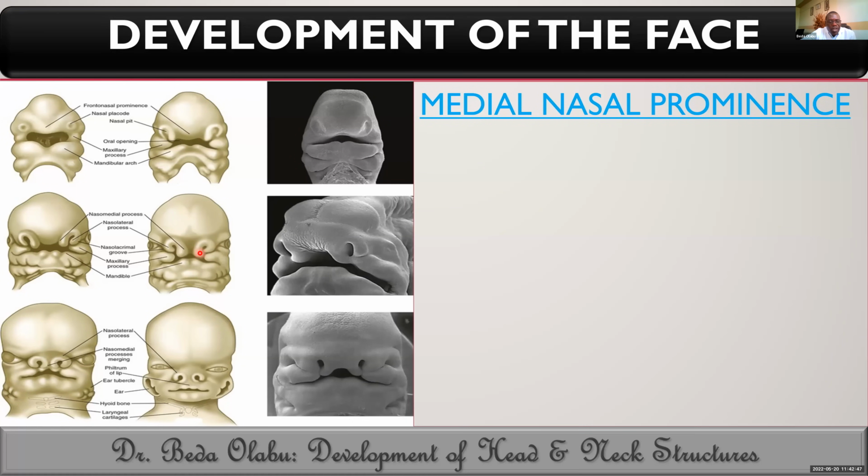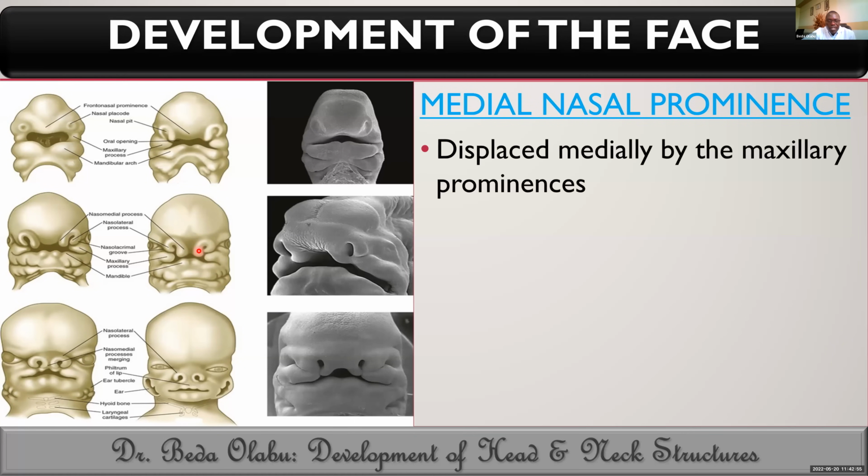So I want us to give an account of the medial nasal prominence, this one here. The medial nasal prominences are displaced medially by the maxillary prominences, as we've said. So this and that are pushed medially by the maxillary prominences, as I mentioned in the previous slide.